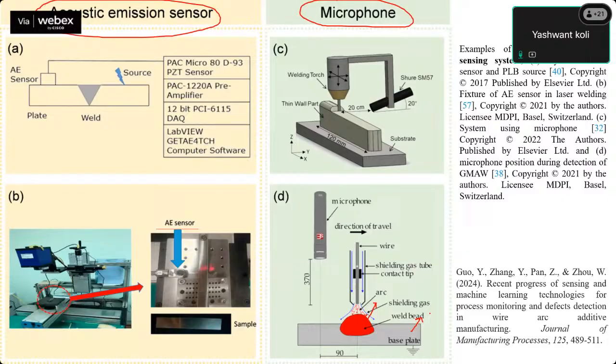these are very helpful. So the advantages of microphone based detection are that it is low cost and easy to install. It is strongly correlated with weld pool vibrations. So microphones are very strong at capturing weld pool vibrations, and that is very helpful. The problem for microphone based detection is that it is highly sensitive to environmental noise.